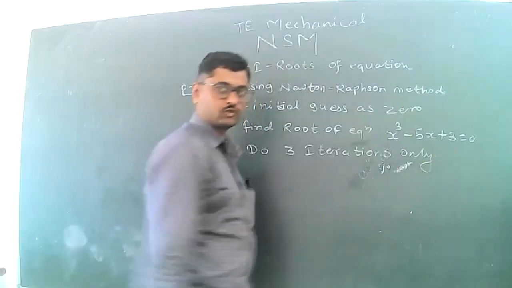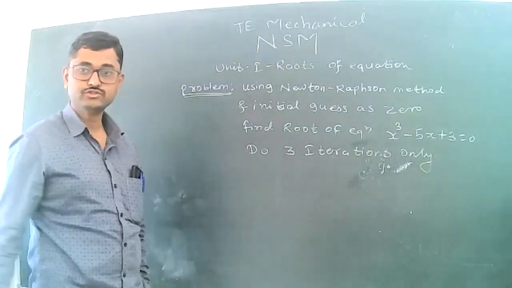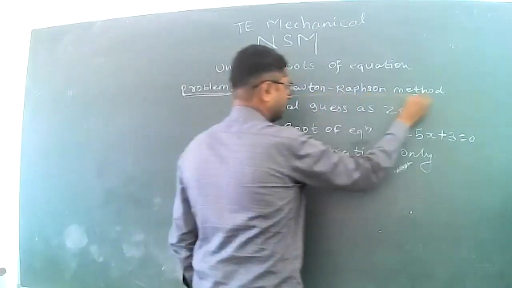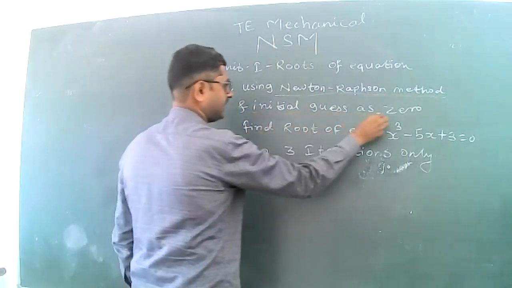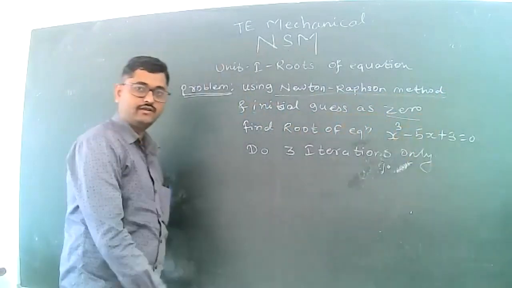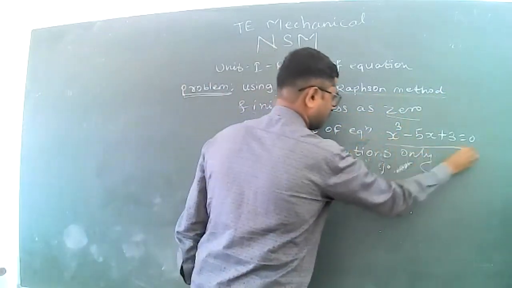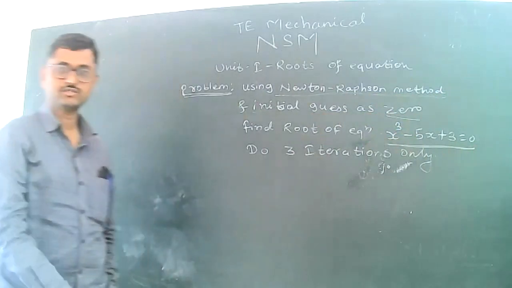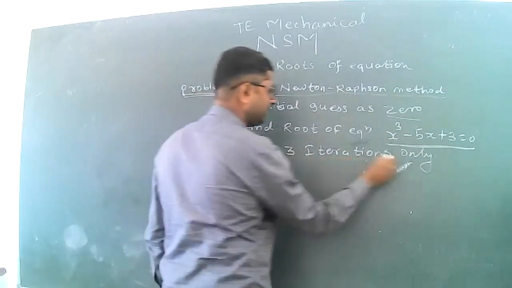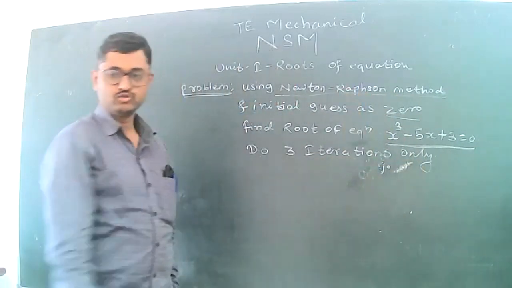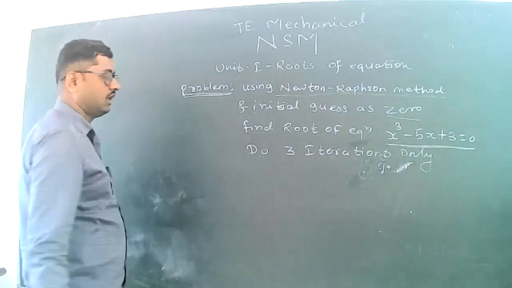So the numerical is: using the Newton-Raphson method and initial guess as 0, find the root of the equation x cube minus 5x plus 3 equal to 0. Do 3 iterations only. So let us proceed with this numerical.